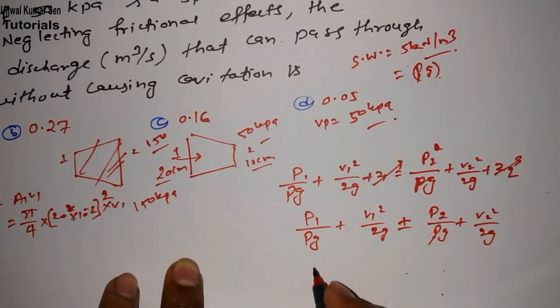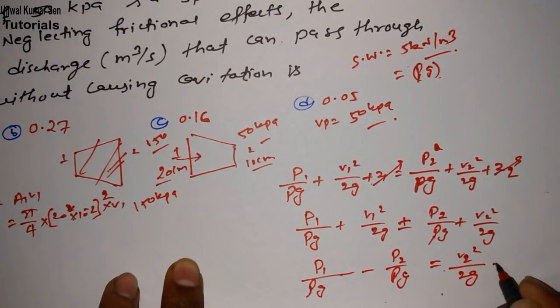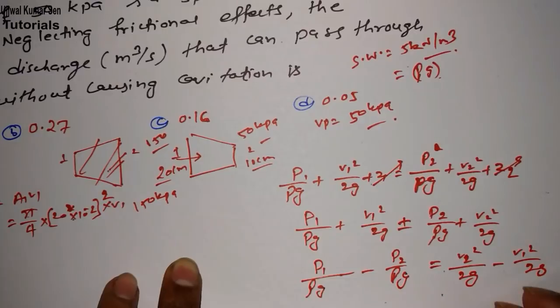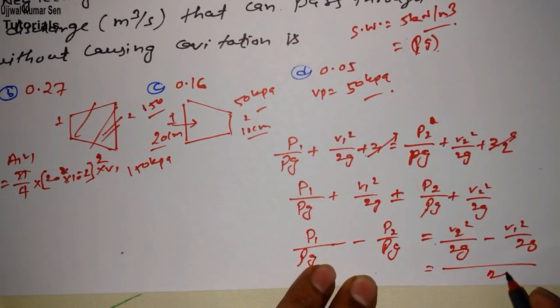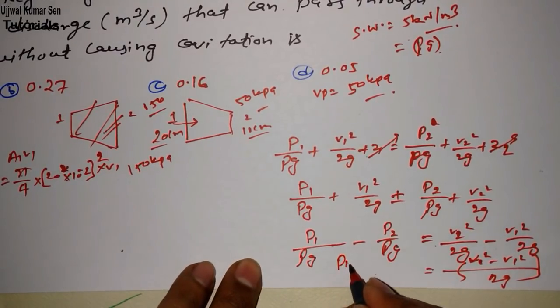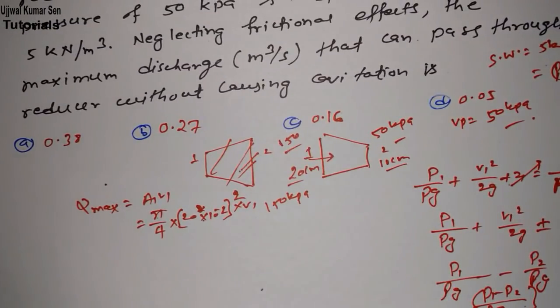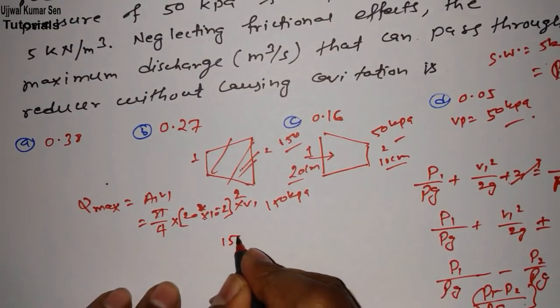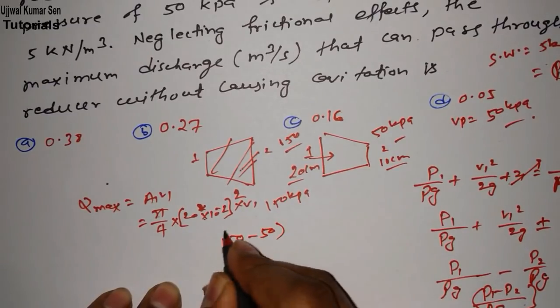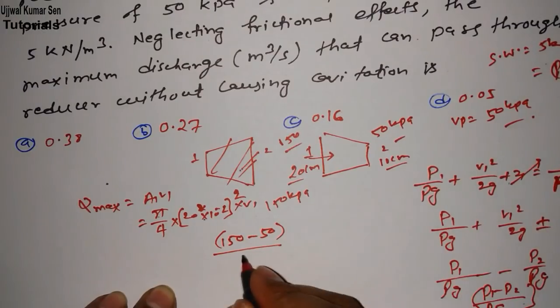We'll send this to this side, so P1 by rho g minus P2 by rho g is equal to V2 square by 2g minus V1 square by 2g. Taking 2g common, we get V2 square minus V1 square, and here P1 minus P2 by rho g. P1 is 150 minus P2, 50, and here we have been given specific weight as 5.